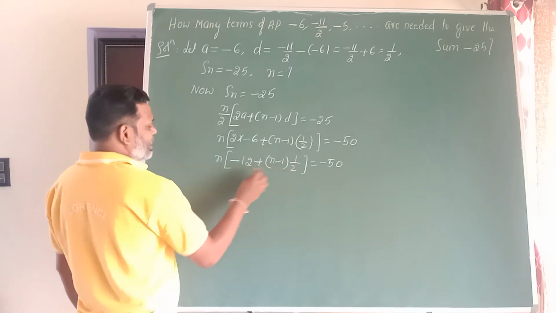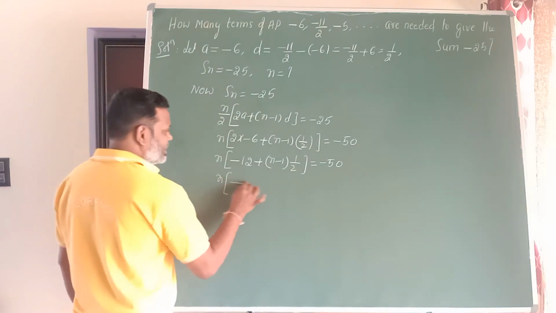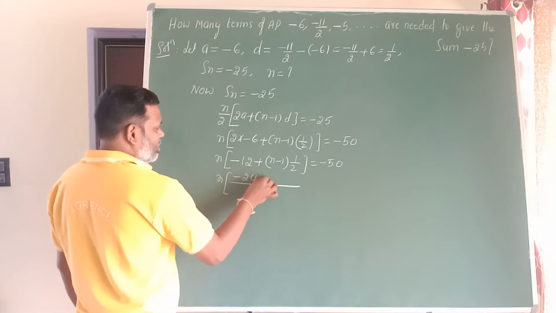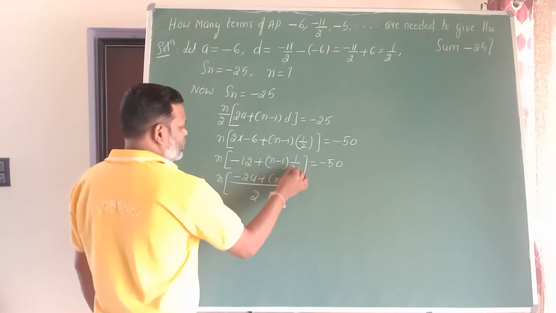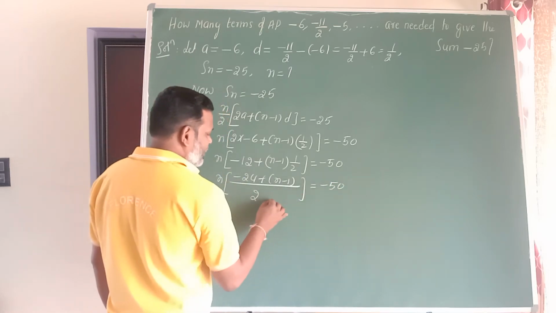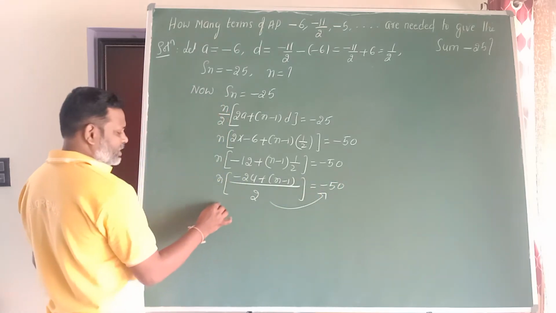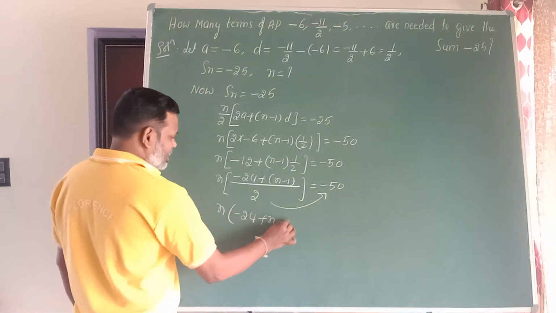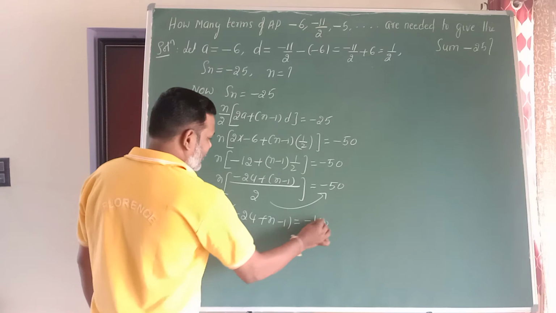Now I have to take LCM here. n into, take LCM. What is the LCM? 2. Cross multiply: minus 24 plus n minus 1 into 1 is equal to minus 50. Further I have to cross multiply again: n into minus 24 plus n minus 1 is equal to minus 100.